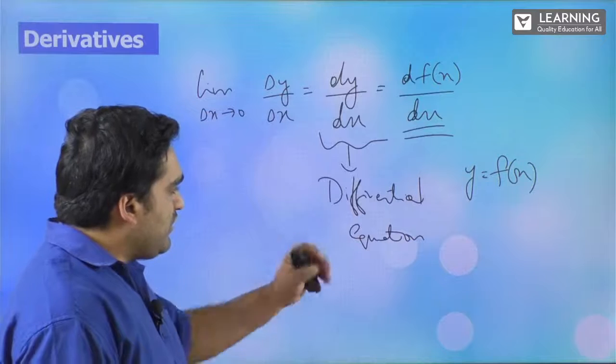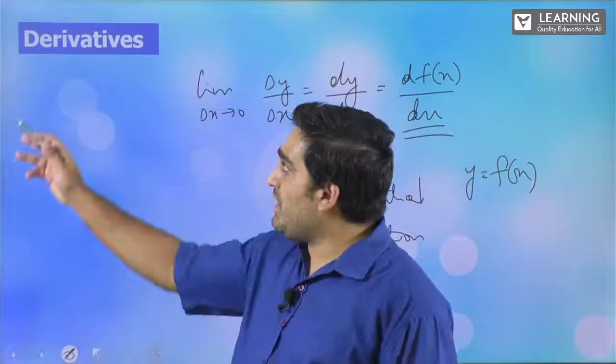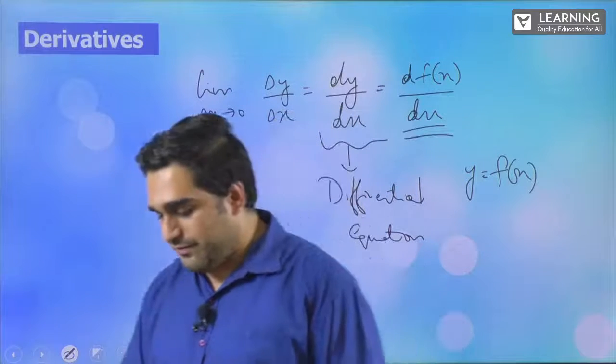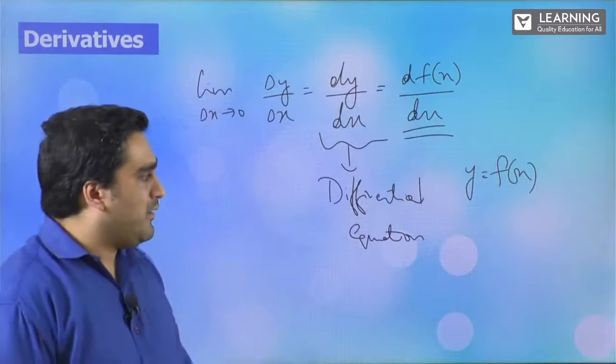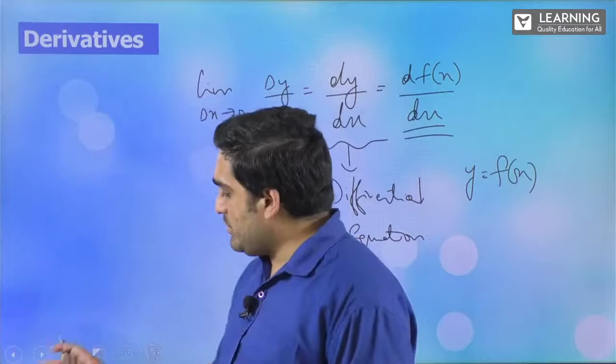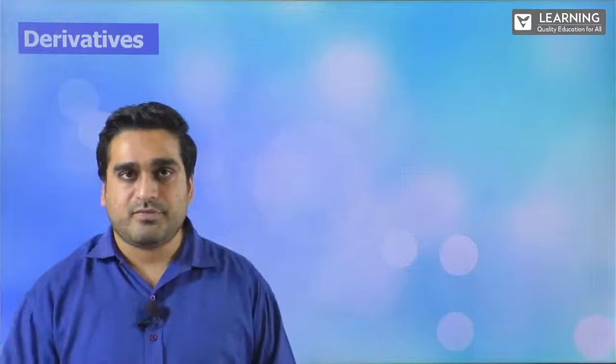So for the origin of this differential equation, we start with the basic understanding of what exactly a derivative is. Once you've made note of this, we start with a derivative.